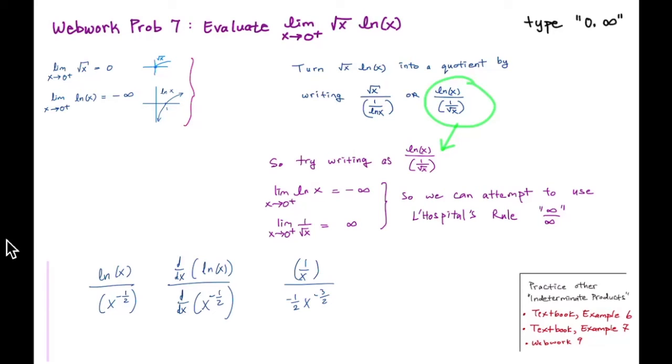So let me rewrite 1 over x as x to the negative 1, and the bottom as negative 1/2 times x to the negative 3 over 2, and this will be negative 2 times x to the 3/2 minus 1.